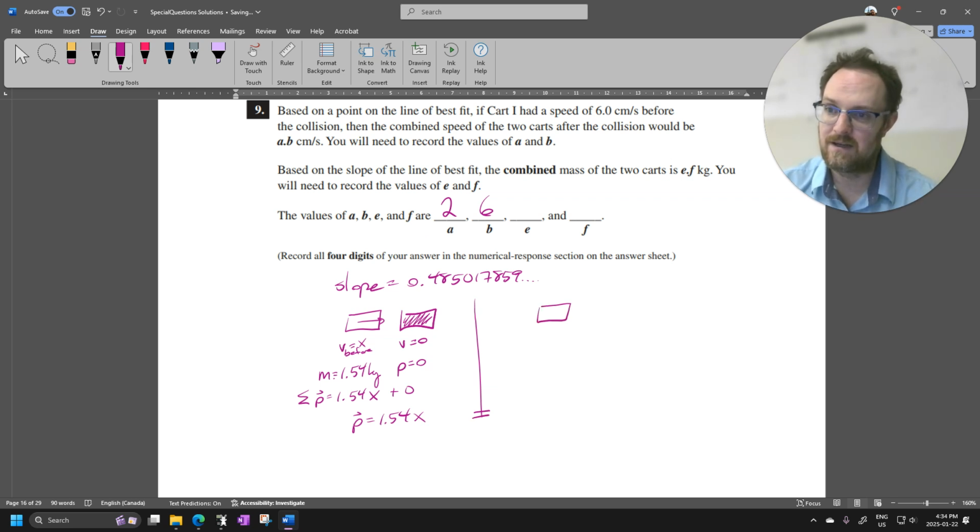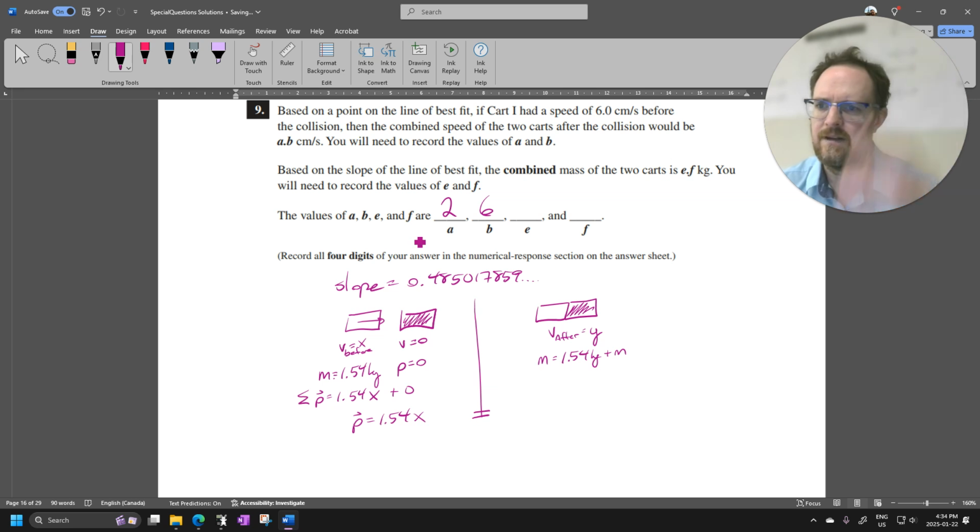Now they're connected together here, with this new velocity afterwards. They're both together at this point. So we'll call that y, because that's my y variable. And my mass is the sum of these two pieces, right? So whatever these two things happen to be. We just don't know that second mass there. It's just kind of an unknown. Okay.